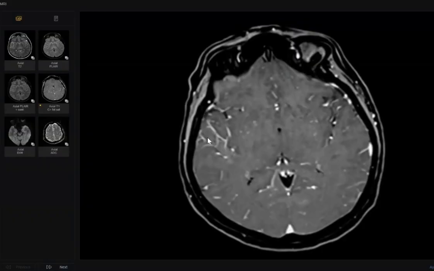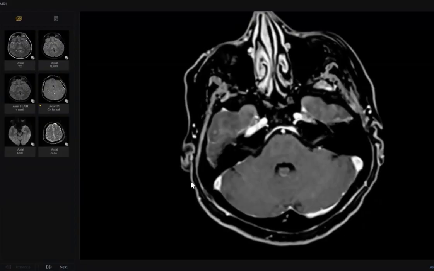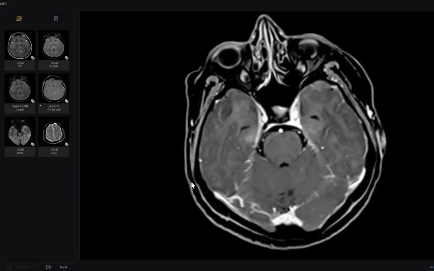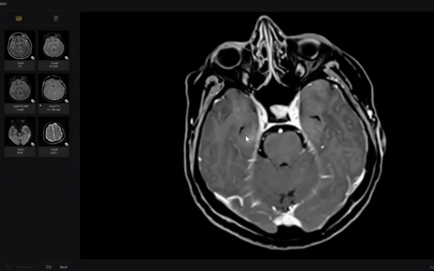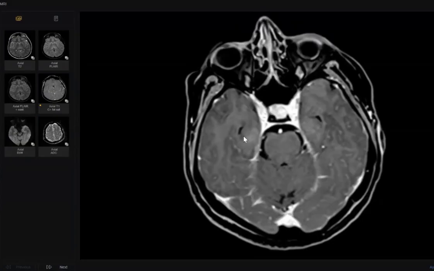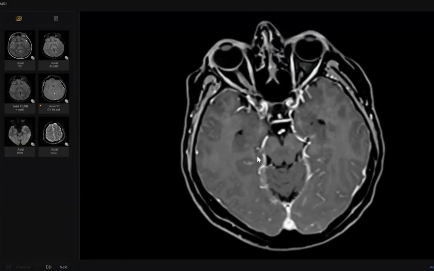What is this? So this is meningitis. The meninges is slightly thickened. And look here also, there is a little bit of signal here. Maybe enhancement, maybe from the flare itself without contrast.